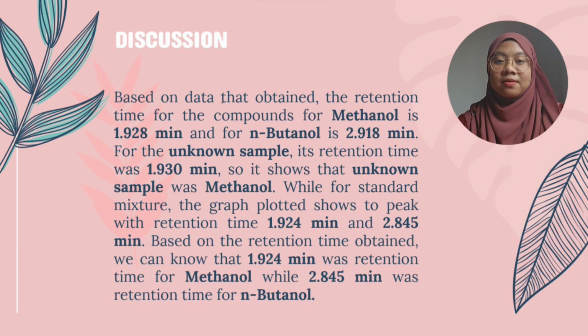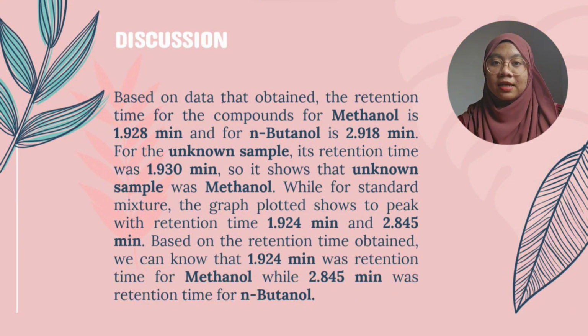While for the standard mixture, the graph plotted shows two peaks with retention times 1.924 minutes and 2.845 minutes. Based on the retention times obtained, we can note that 1.924 minutes was the retention time for methanol, while 2.845 minutes was the retention time for butanol.